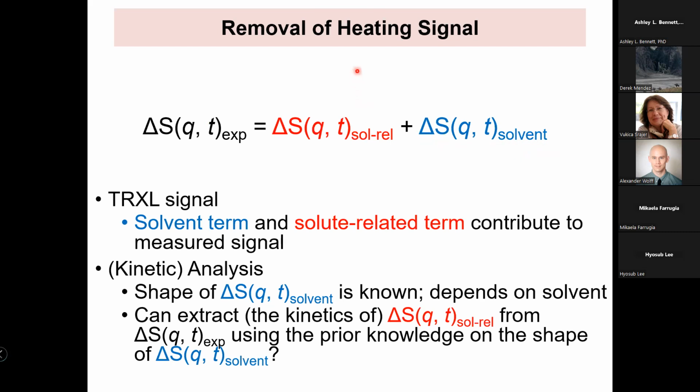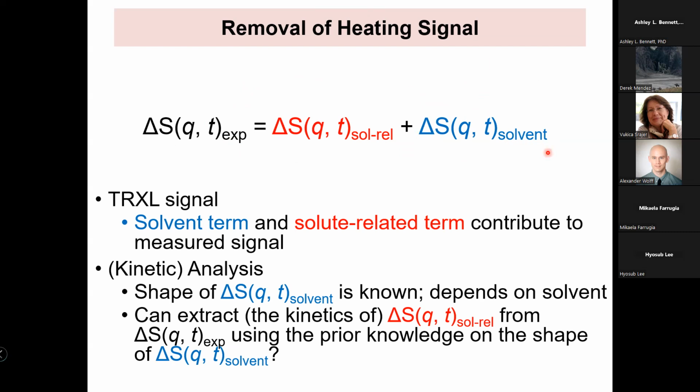Actually, the major purpose of the TRXL experiment is to see how the structure of the solute molecule changes. So typically, we want to remove the contribution of the solvent term from the experimental data. Our purpose in developing SANOD is to facilitate the removal of the solvent term.